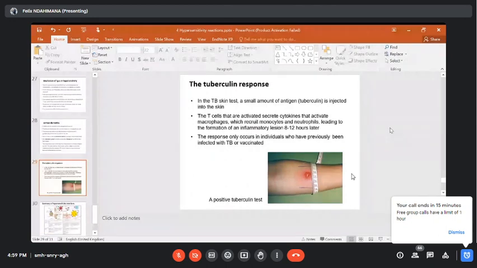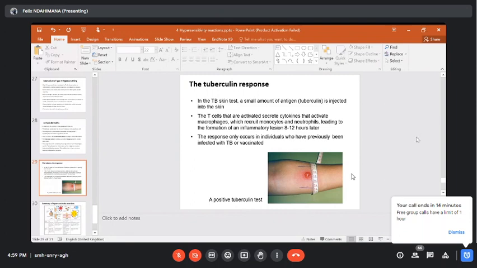We have also the tuberculin response, which is also in type 4 hypersensitivity as an example. This is for people who were exposed to TB or who at least were vaccinated against TB. So if they are vaccinated or have suffered from TB, that means they already have a memory in their body about TB. So what they do, they can scratch the skin and insert their tuberculin or these antigens of TB.